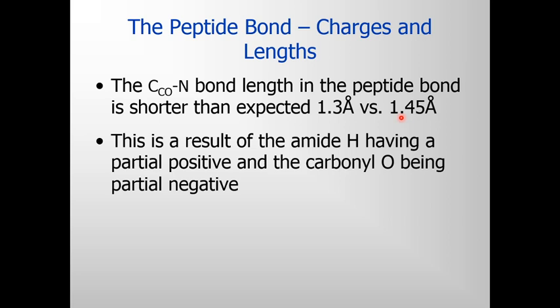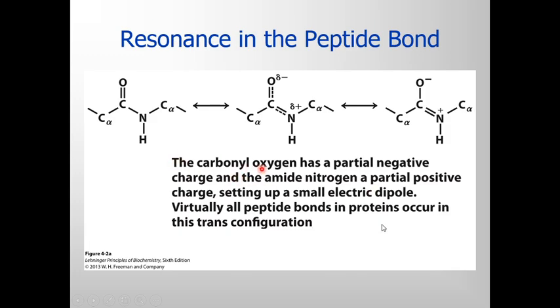As you know, single bond is the longest bond. Double bond is shorter, triple bond is even shorter. But this is in between a single bond and a double bond. Let's see what it is. So as I said, the NH has a partial positive and CO has a partial negative, that is towards the oxygen. This is because of the resonance that exists in a peptide bond.